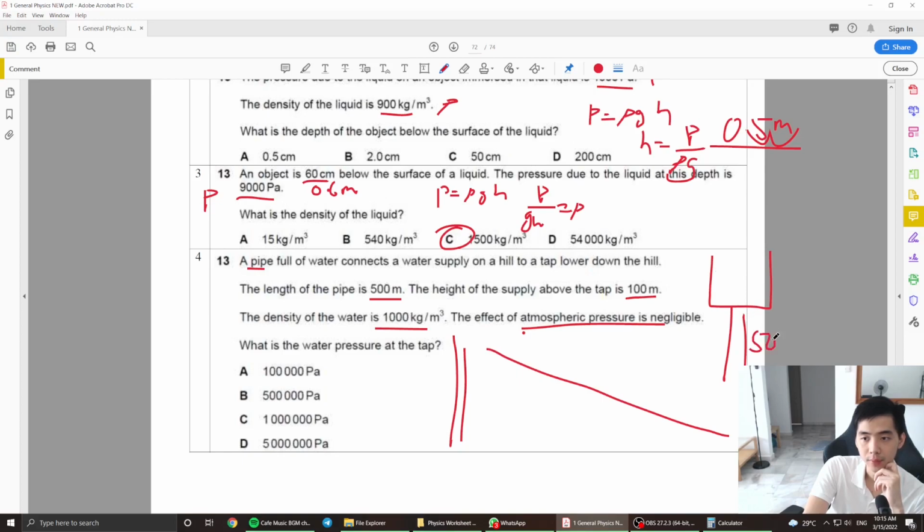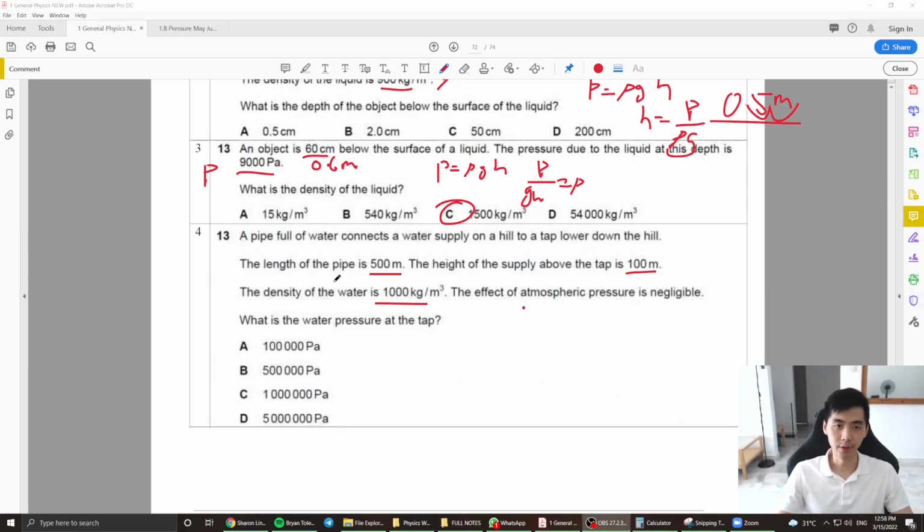The length of the pipe is 500 meters. The height of the supply above the tap. What the hell?